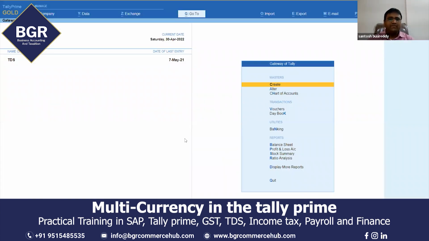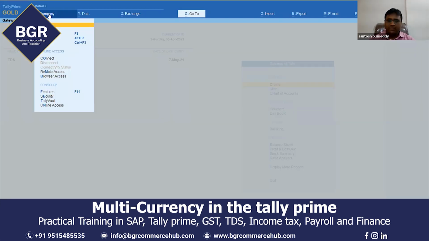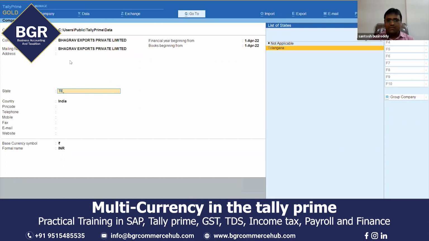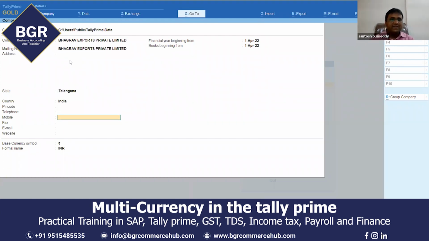If you go to Tally Prime, whenever you create the company, suppose Bhargav Exports Private Limited, my state is Telangana and my company is located in Telangana. Here you are giving your base currency.